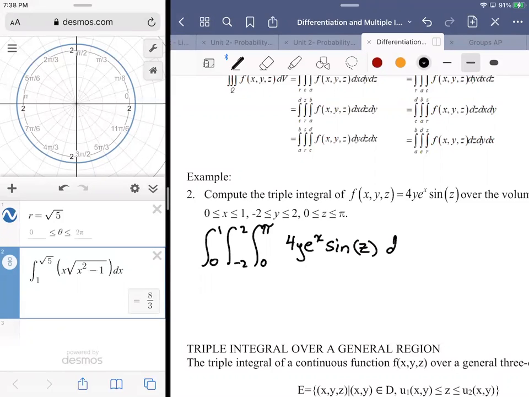I did z, y, x. All right. So if we're looking at, for example, let's say that this is a density function.